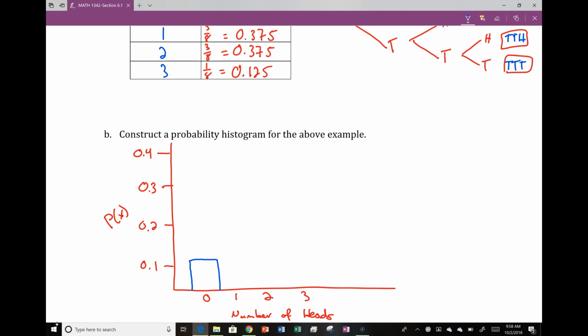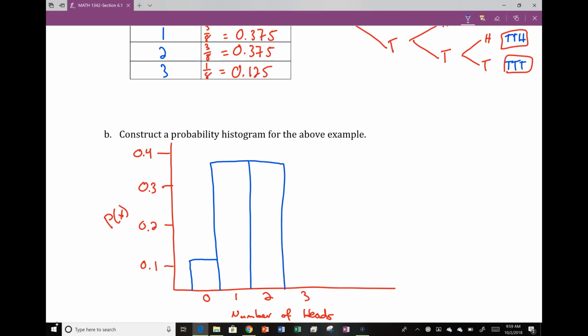Since these are discrete, recall that your value is in the center of the box. The bars still have to touch, but our value goes over the number. Now for 1 head, it was 0.375. So I'm going to come up to 0.375 and go over. 2 heads was also 0.375, so I'm just going to draw a box that extends.